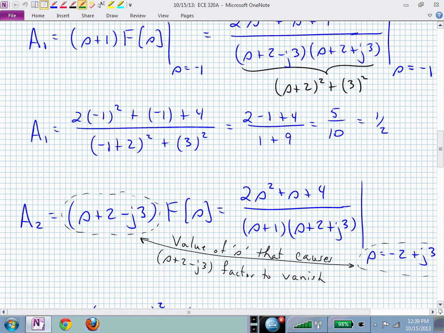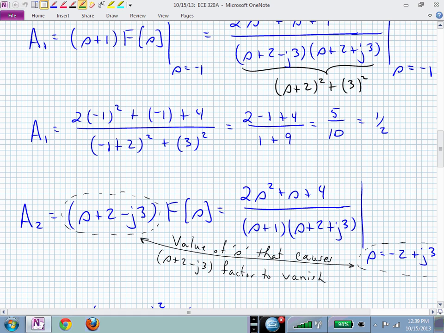That then cancels that factor in the denominator, but it leaves all the other factors. The s plus 1 factor is there, and the twin or the cousin, whatever we want to call that, the one that's below the one that was above, is still remaining.